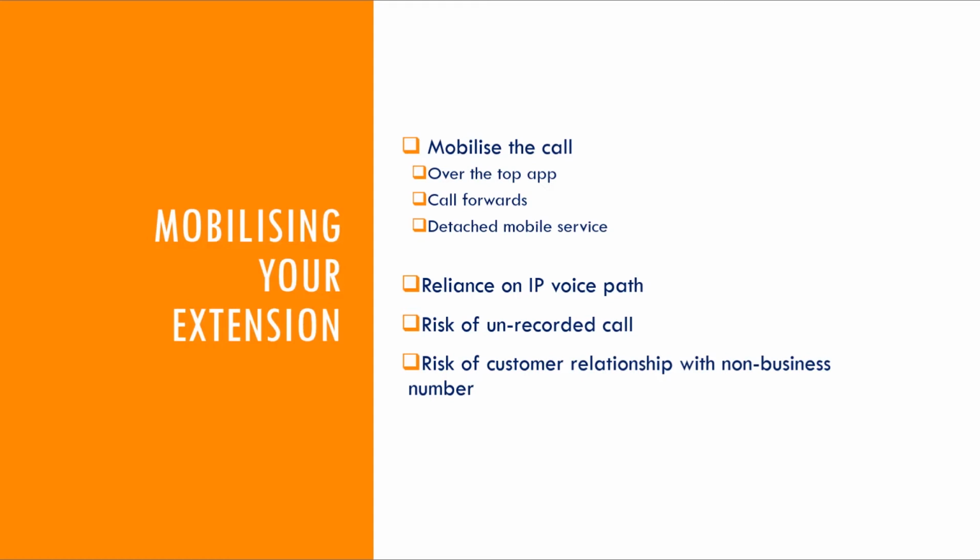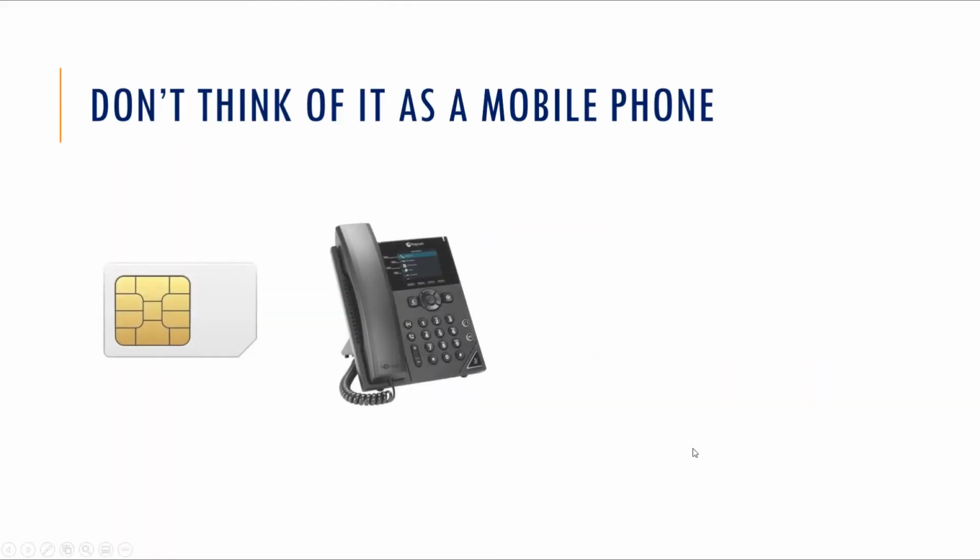It can leave too many opportunities for people to choose a non-call recorded route. So if either strategically or for a compliance reason you need to record calls, we're looking for a solution that will bolt that down and make that much more secure. And there's the risk of the customer relationship being lost between the businesses and the client. So it's all about making sure that we're using our own numbers, controlling that client relationship.